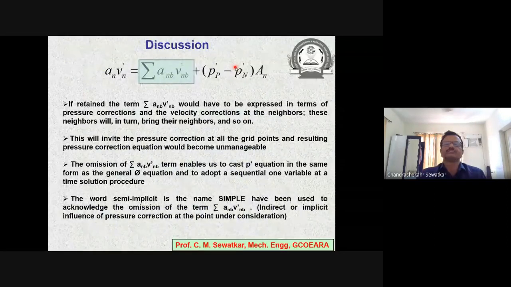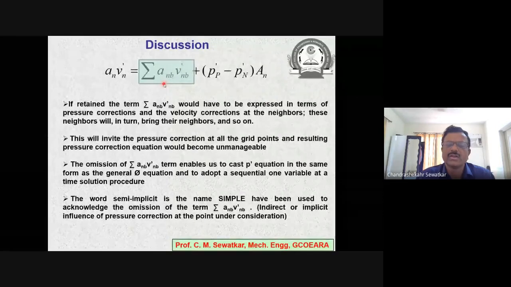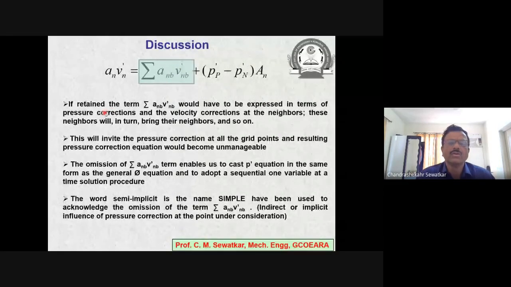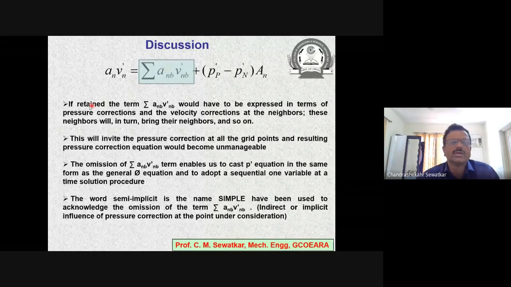Let's go through some important discussion about the solution methodology which we have seen so far. The first and most important thing I want to discuss is, if you recollect, we omitted a particular term when we were dealing with the solution methodology. What would have happened if this term had been retained?